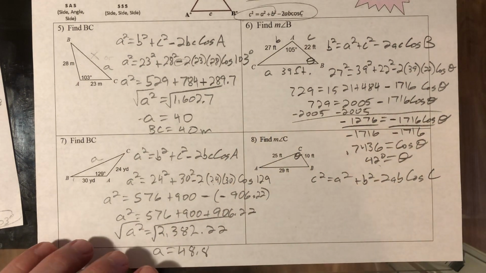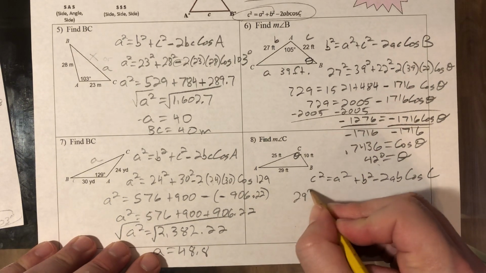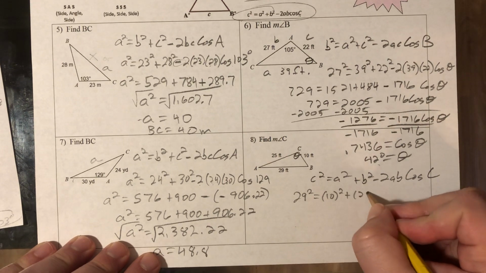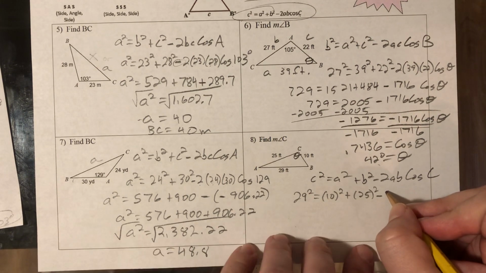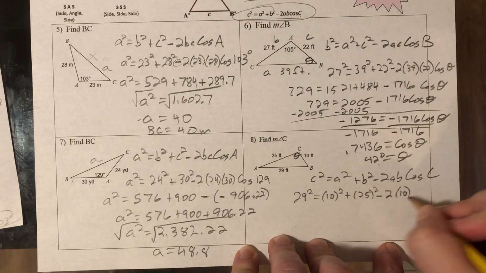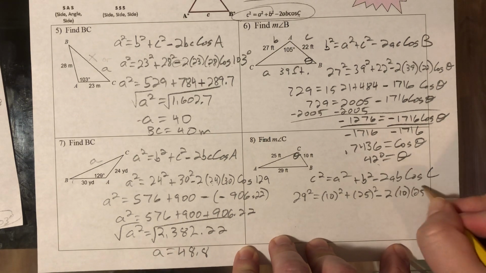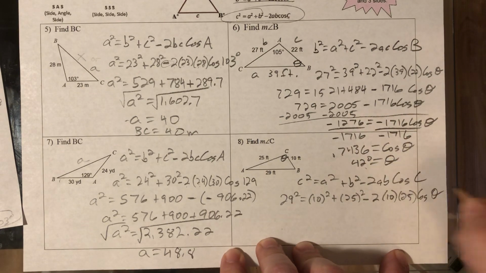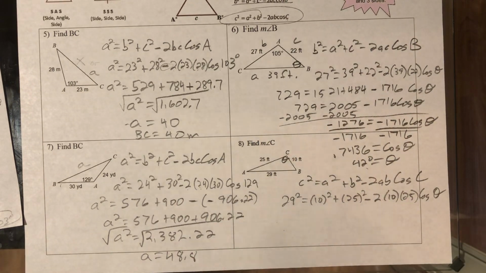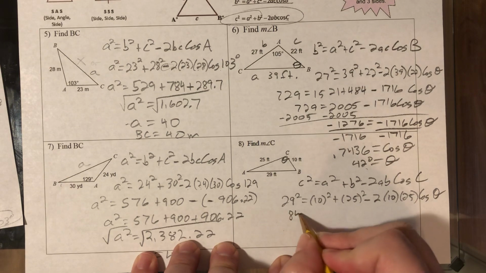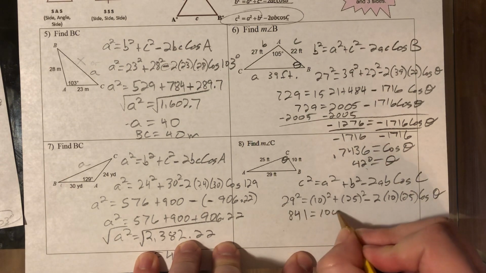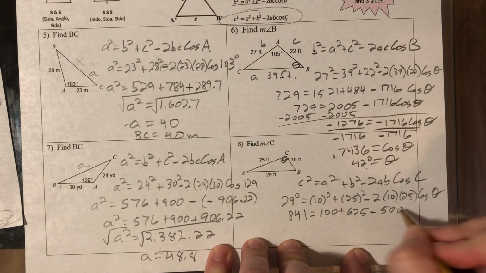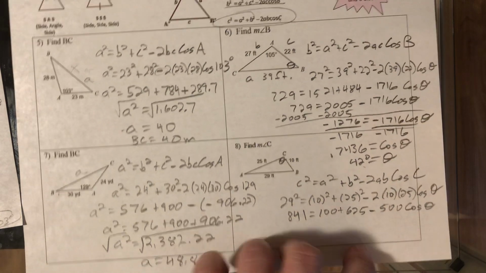All right, so 29 squared equals 10 squared plus 25 squared minus 2 times 10 times 25 times cosine, and in this case, we're trying to find theta, all right? So 29 squared is 841. That equals 100 plus 625 minus 500 cosine theta.